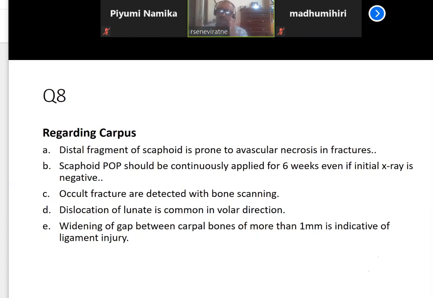In this case, you do a bone scan. The bone scan will confirm if there is a scaphoid fracture. If bone scan is positive, then you reapply POP for another 4 weeks. But at 2 weeks, if there is no clinical evidence and no fracture on X-ray or bone scan, you don't put any plaster. Just remove the plaster and that's it.